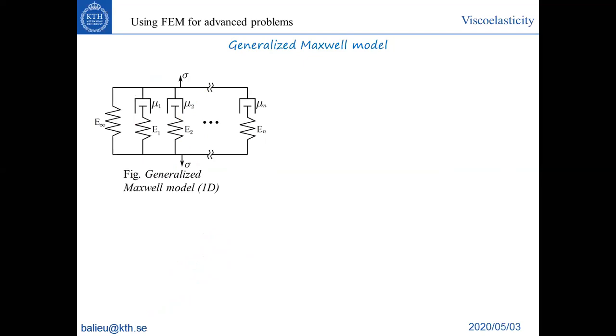We finished this lecture with the general Maxwell model. I've shown you that the stress can be calculated according to this formula, where sigma infinity is the stress in the long-term spring, and sigma i is the stress in all the different springs.